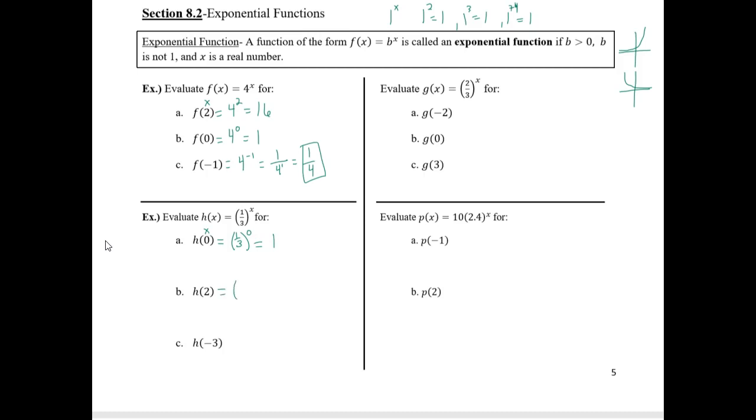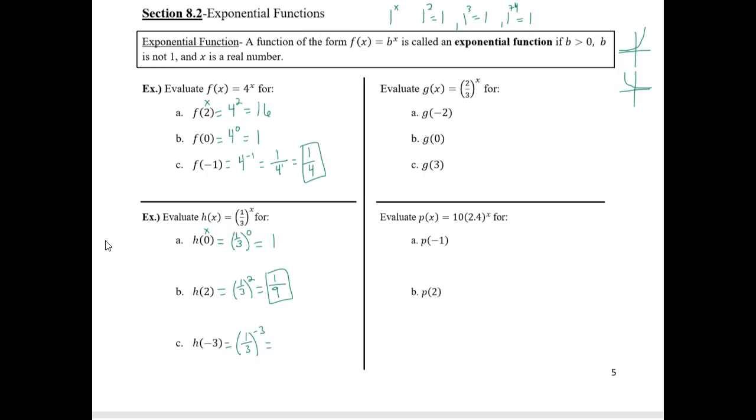h of 2. So 1/3 to the 2nd power. That means I'm going to square it. 1 times 1 is 1. 3 times 3 is 9. And the last one, we have 1/3 to the negative 3rd power.